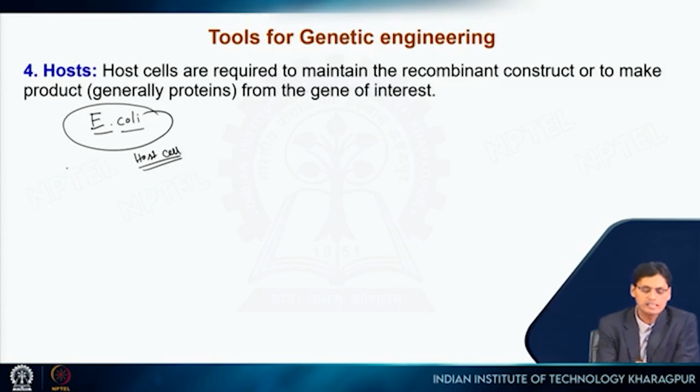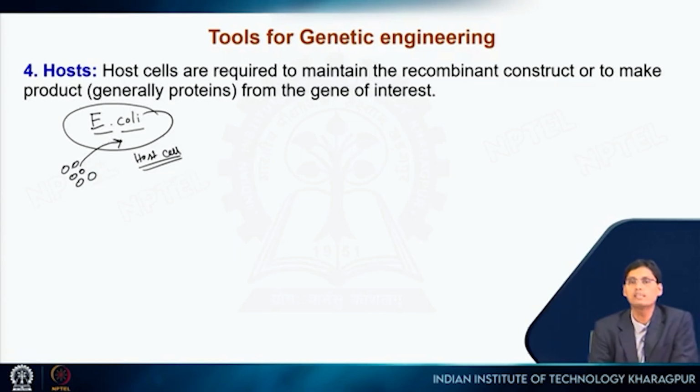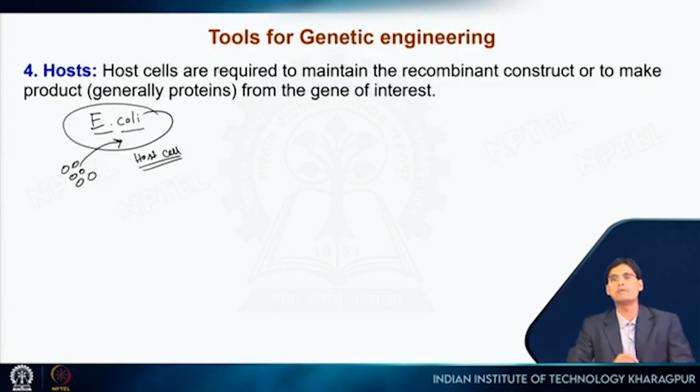Whatever engineered plasmid, that means plasmid with your gene of interest, you have to transfer that into the E. coli cell. And then if you grow the E. coli cell and put proper conditions, the E. coli cell will make protein for you, because that protein coding gene is already present in the plasmid. That is the overall idea of this experiment.